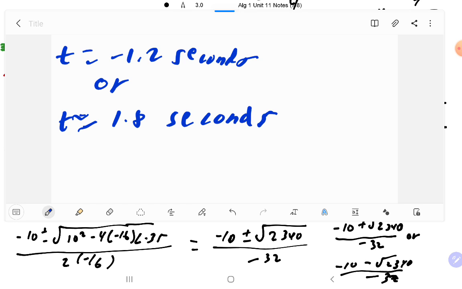Now we have two solutions, but one of them is obviously incorrect. And the one that's incorrect is the negative 1.2, because he did not throw it 1.2 seconds ago.